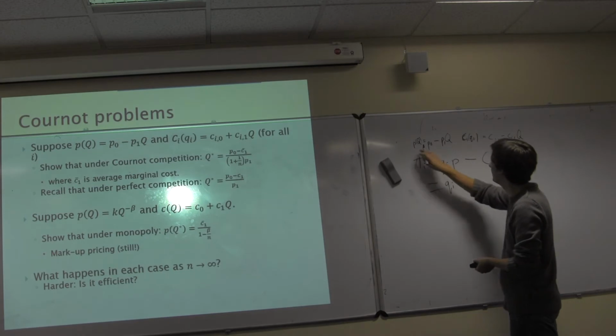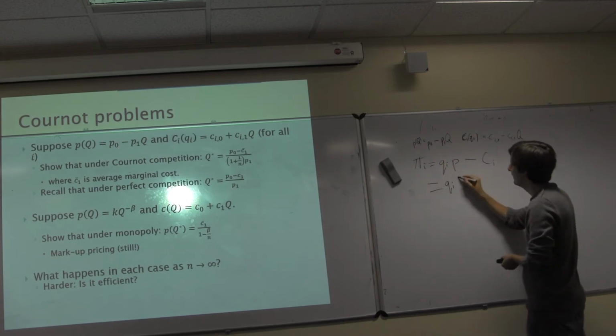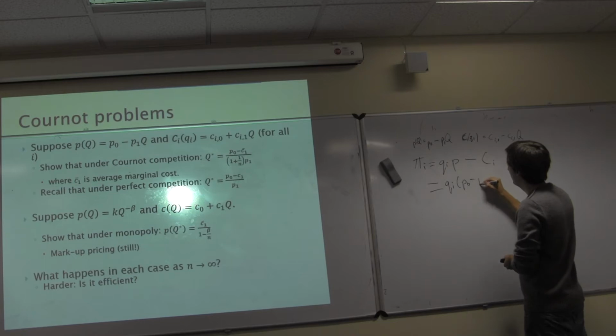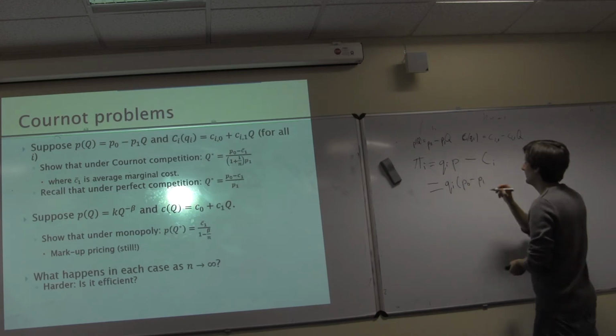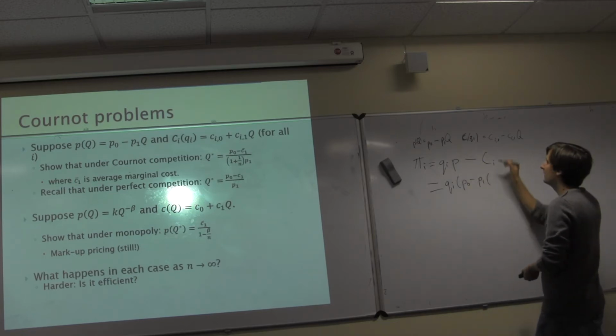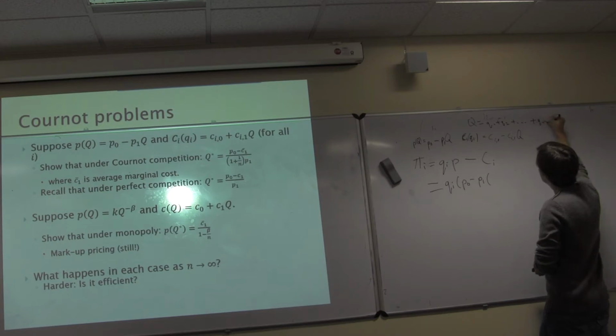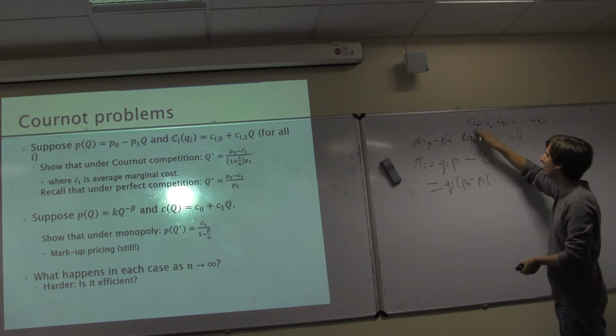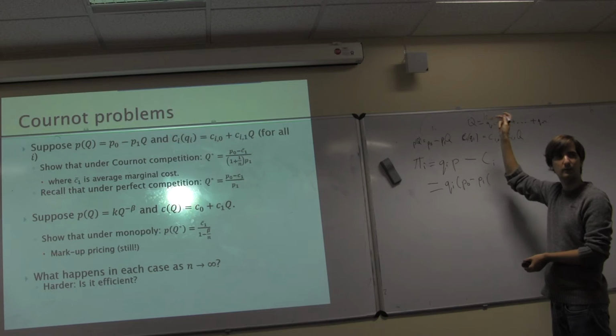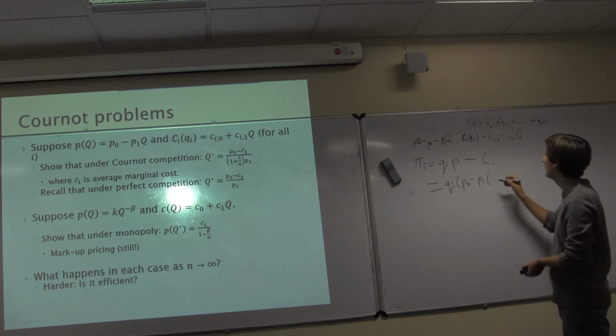So here we have q_i times demand, which is P0 minus P1 times big Q. And remember, the big Q is just the sum of all the little q's. That's total quantity. The little q is the quantity produced by firm i.